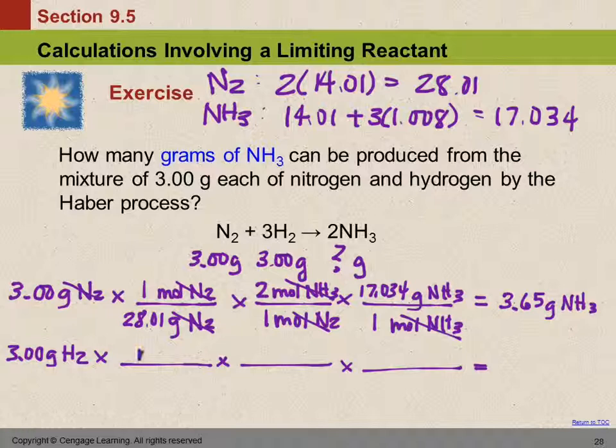Grams of hydrogen to moles of hydrogen to moles of ammonia. We're starting in different places, but we're ending up at the same product. Grams of ammonia. And then we put units in the denominators to cancel these guys out.